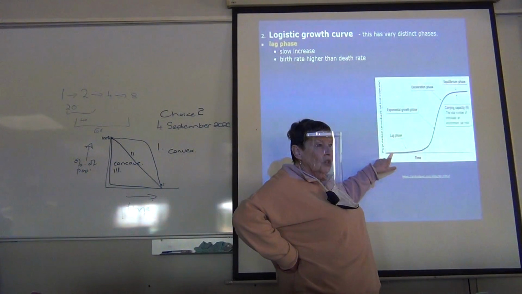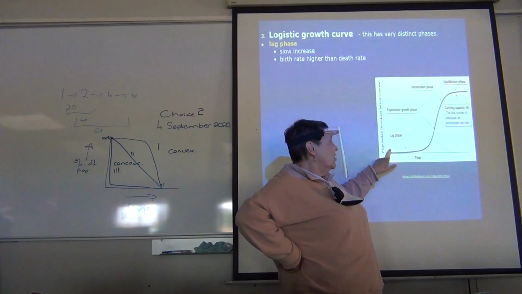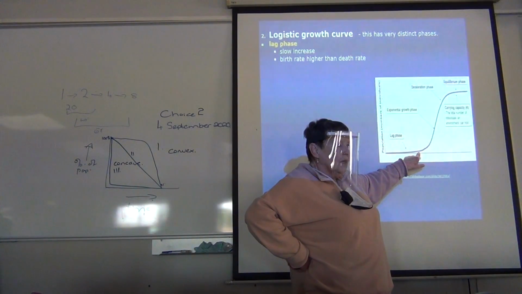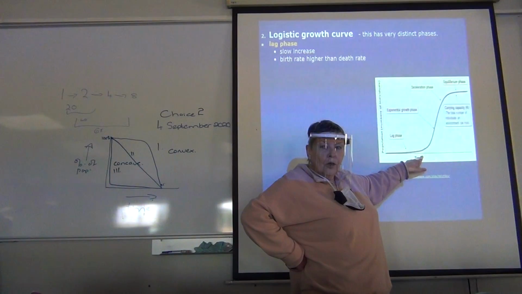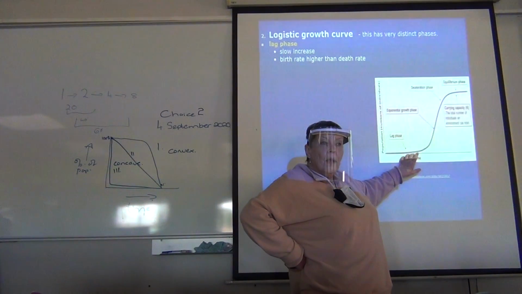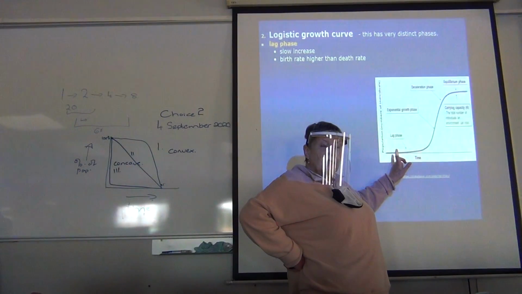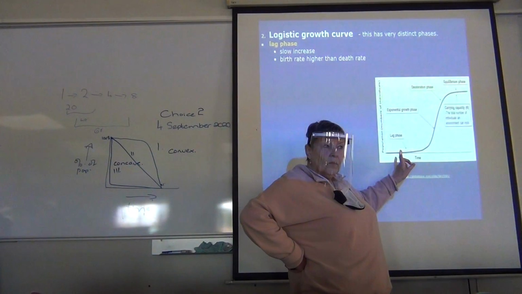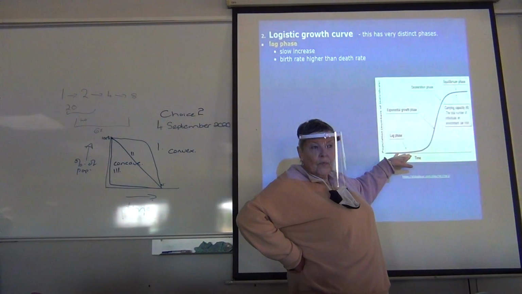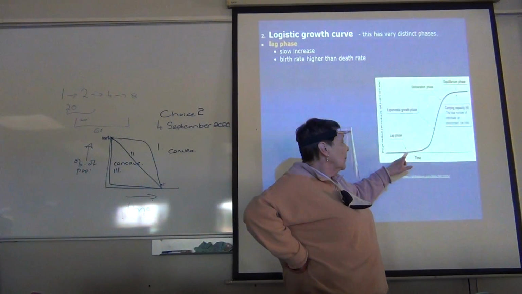Okay, so the initial phase is just like with the geometric, a lag phase. So the population is low and the rate of increase is low. Birth rate exceeds death rate, or else there would be no increase. Okay, you happy with that? Okay.